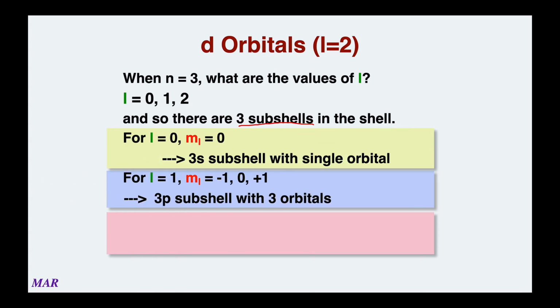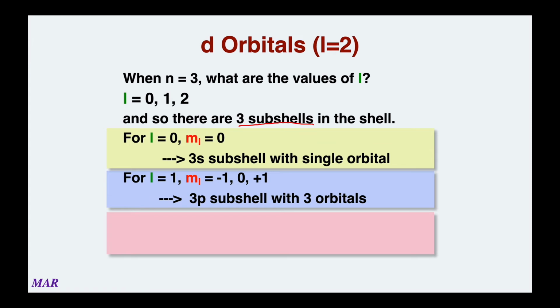When L equals 1, M sub L goes from negative L to positive L, negative 1, 0, and plus 1. These are the 3p orbitals. So the 3p subshell has 3 orbitals, x, y, and z is the way you can think about it. And 3p is bigger than 2p, but otherwise pretty similar.